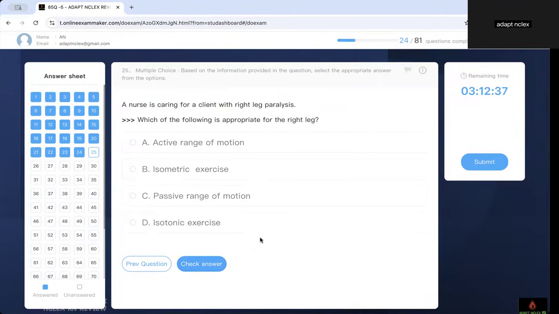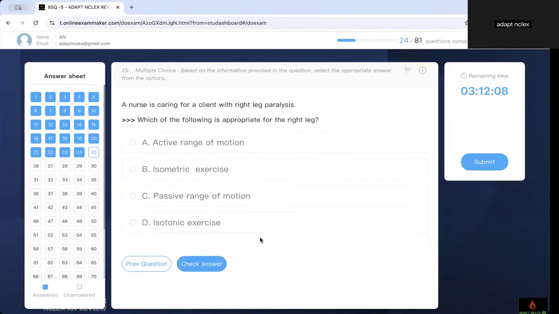Same concept, same question, thinking strategy. But why did I say it? That's what the NCLEX will do to you. Use the same concept. Don't change it. And then she's caring for a client with what? Right leg paralysis. That means the right leg does not move. Which of the following is appropriate for the right leg? Well, active range of motion, isometric exercise, passive range of motion, isotonic exercise, a bunch of words.